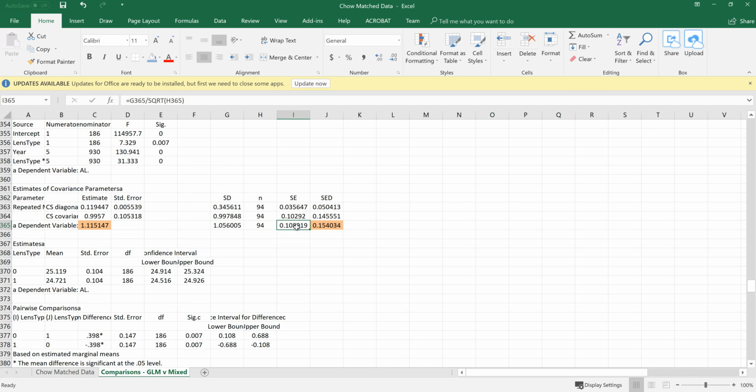This standard error goes plus or minus the t times this value on each individual mean. So non-overlapping confidence intervals based on this value are significant. It's not this value, and it's not this value. It's this value, which is the sum of these two values.